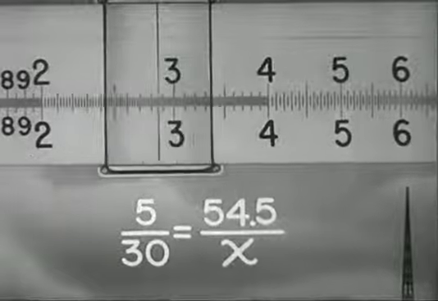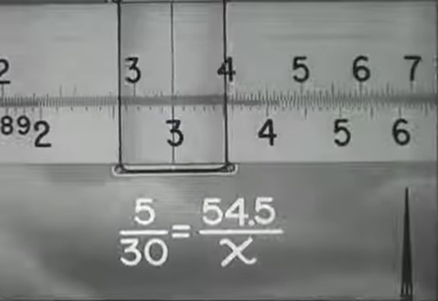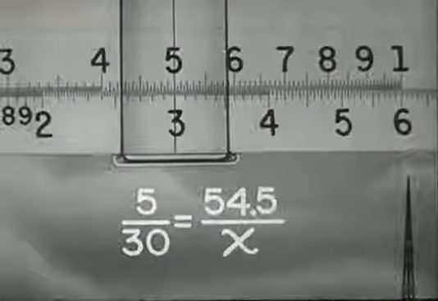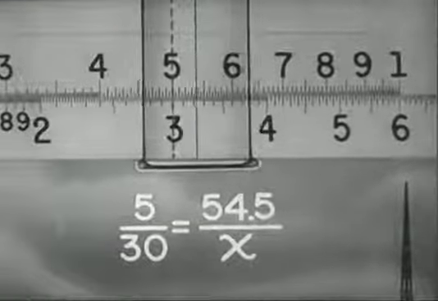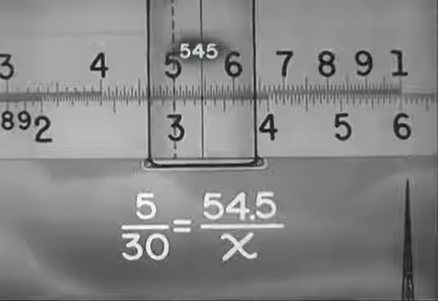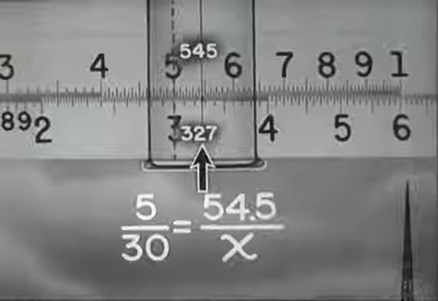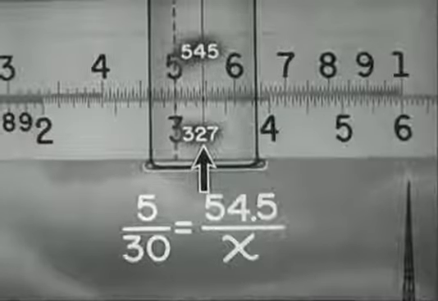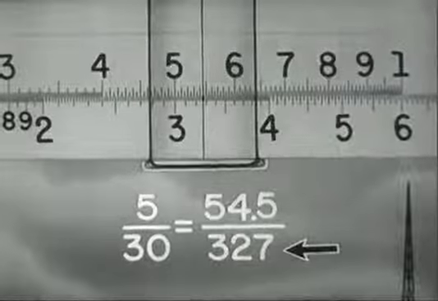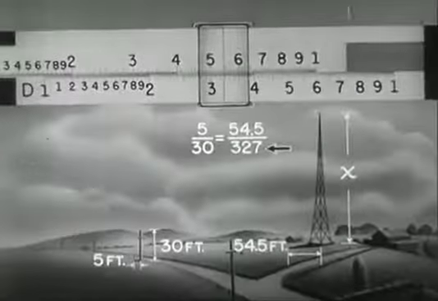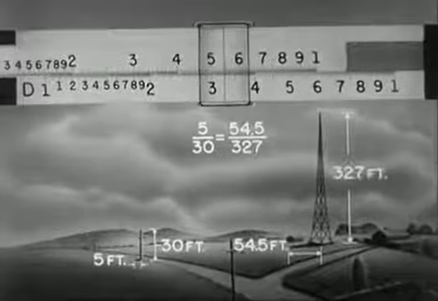To 3 on D, slide 5 on C. Push the hairline to 5, 4, 5 on C. Under the hairline, read the answer 327 on D. The height of the tower is 327 feet.